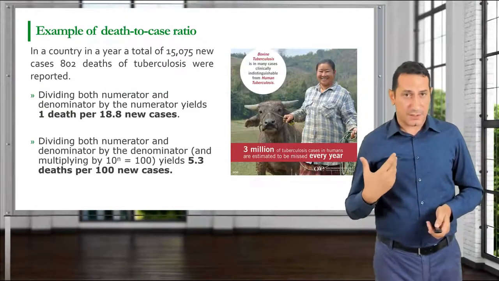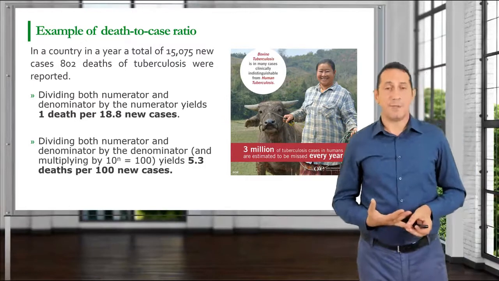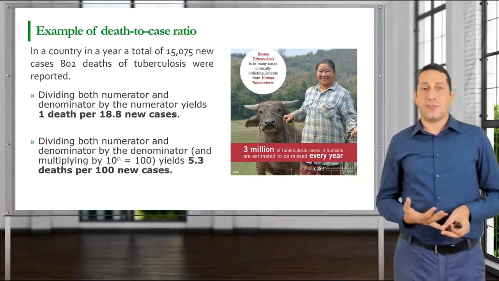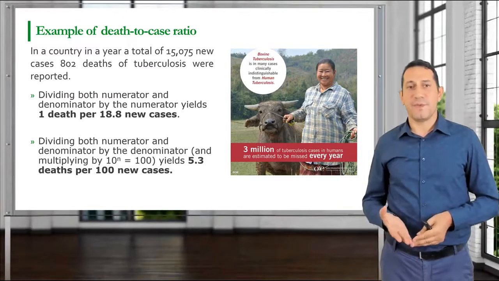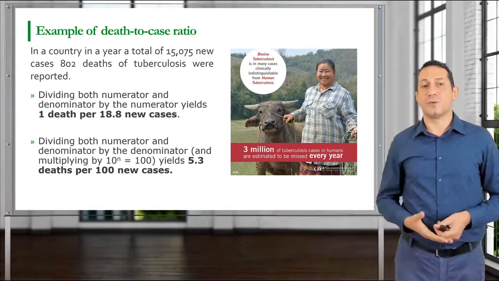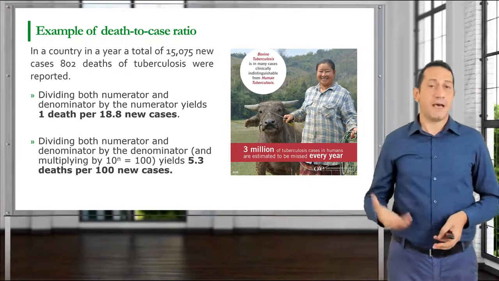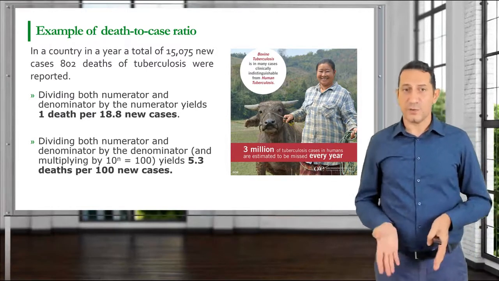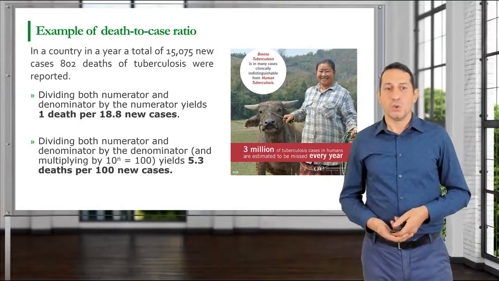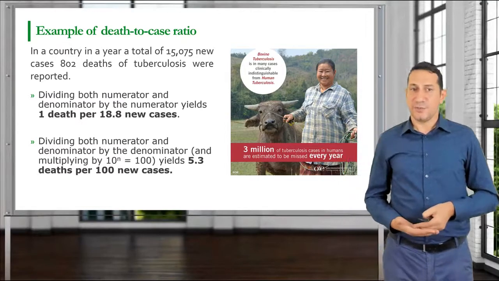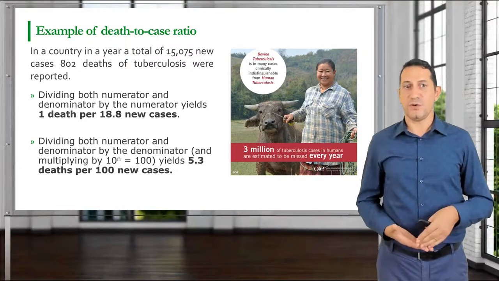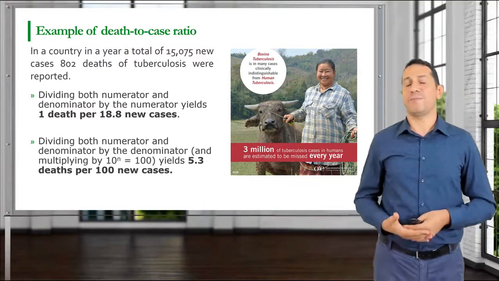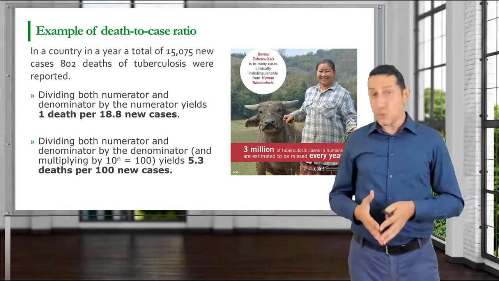But let's make an example of a death to case ratio. In a country, during a year, there have been around 15,000 new cases and 800 deaths because of tuberculosis. Dividing both the numerator and denominator by the numerator, we get a ratio of 1 death per 19 new cases.